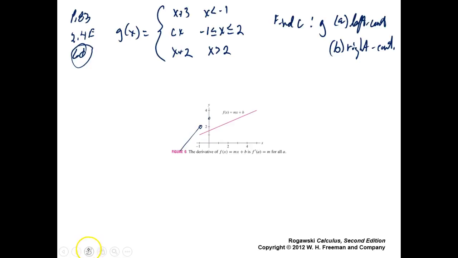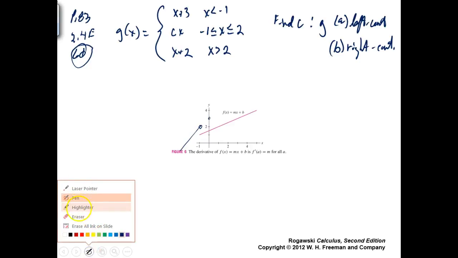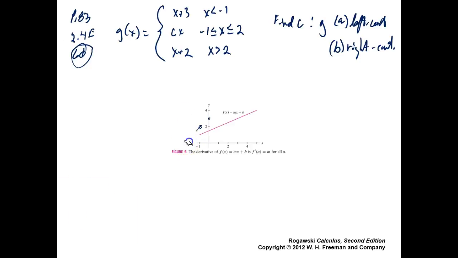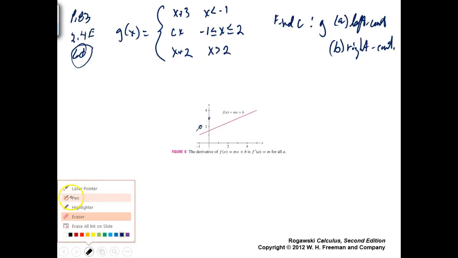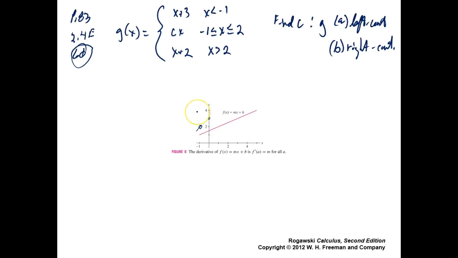Let me try plugging in a few points. That might be a little better. Goodness, my eye hurts. This will be -2, and at -2 it's right here, and then -3 is here, and it goes through there.